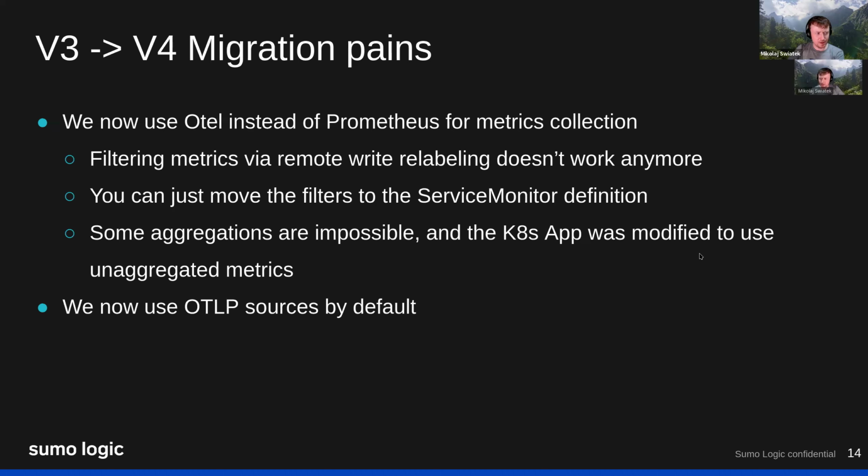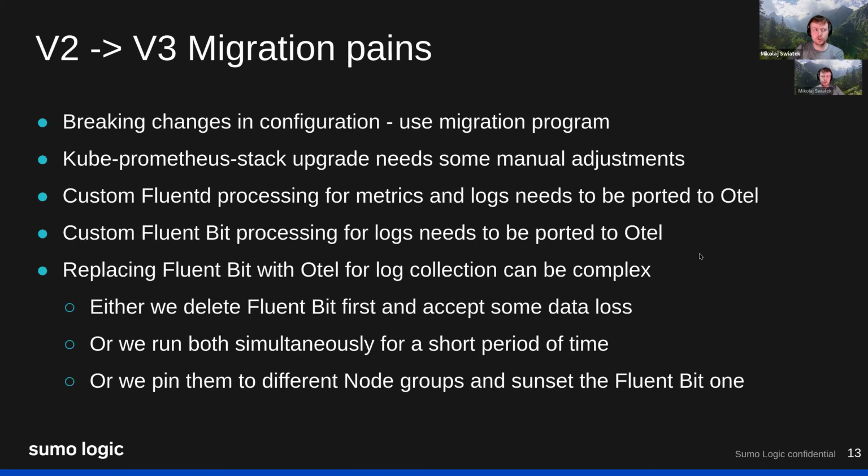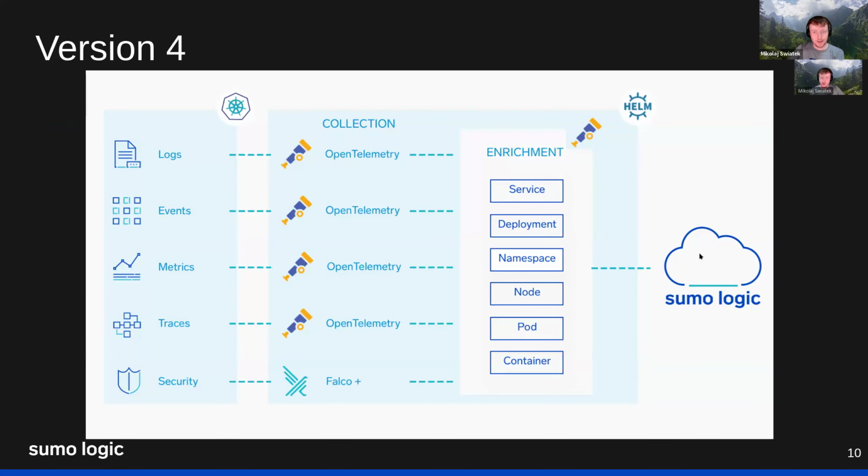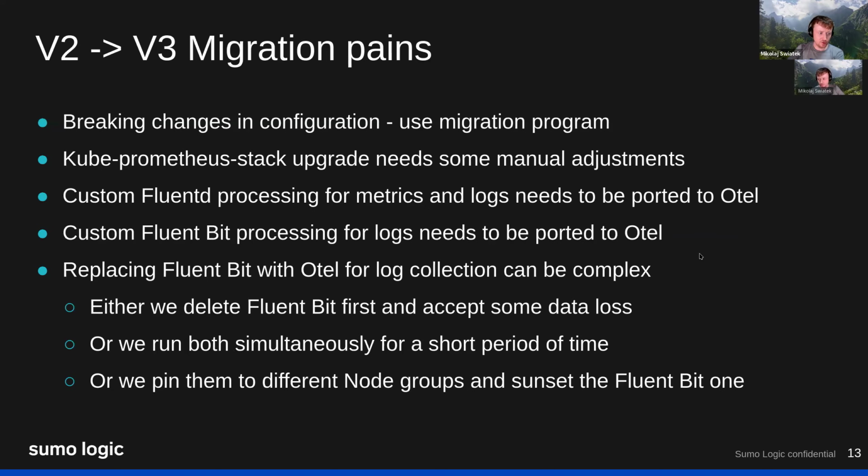And again, in v3 to v4, the only real change is that we're changing Prometheus to the OpenTelemetry collector. This change is largely transparent, as in the OpenTelemetry collector does the same work as Prometheus, but it doesn't do all the work Prometheus would normally be doing, and therefore it's more efficient.